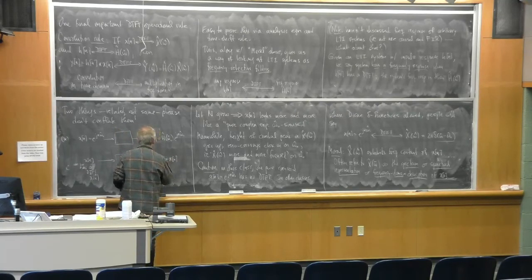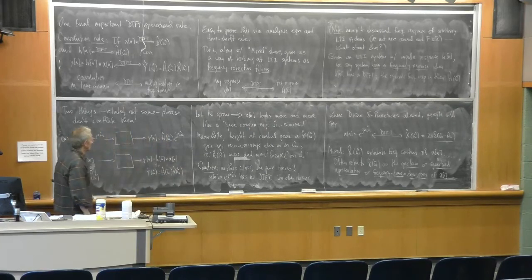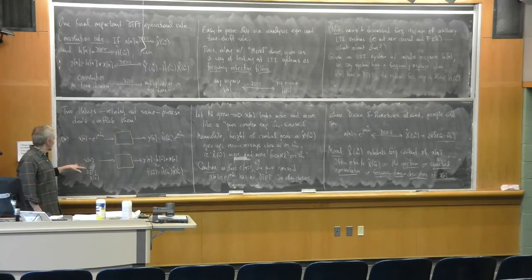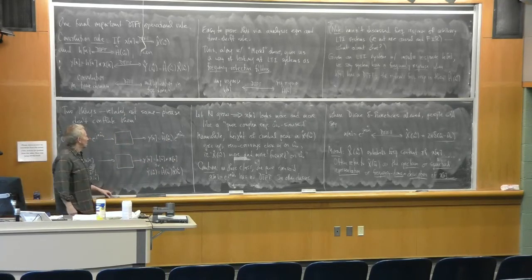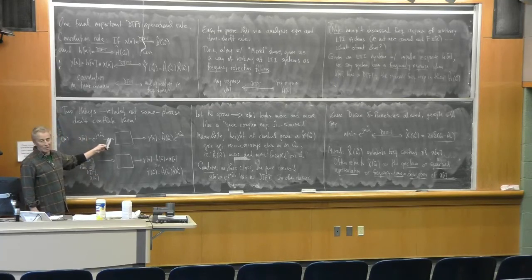So y hat of omega hat is the product of h hat of omega hat times x hat of omega hat. This picture, which I'll call double star, is fundamentally different from this one in a couple of ways.